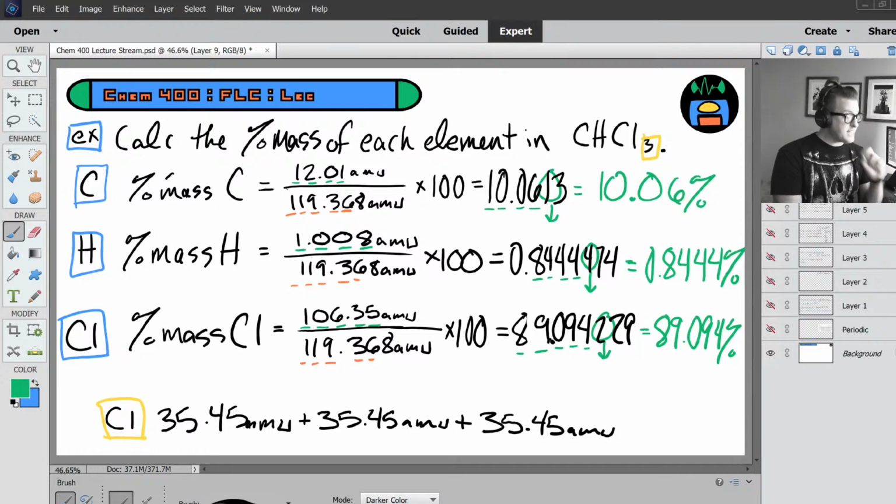So that's how that's going to shake out in a testing context. Either you have to use logic to figure out which of these multiple choice answers looks the most correct, even if your sig figs are different because you're using a different periodic table, for example, or for numerical entry, I'll provide you the AMUs explicitly so that you'll know that you're using the value that will get you to the correct number of sig figs.